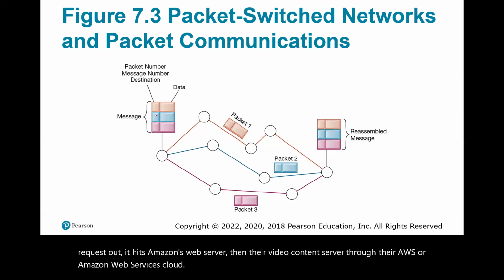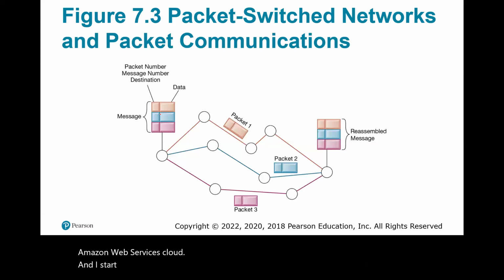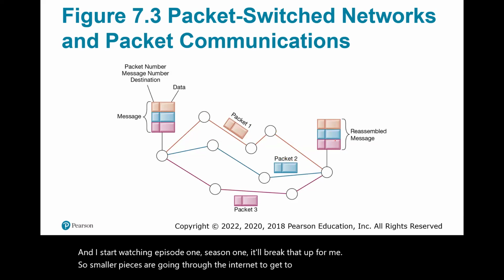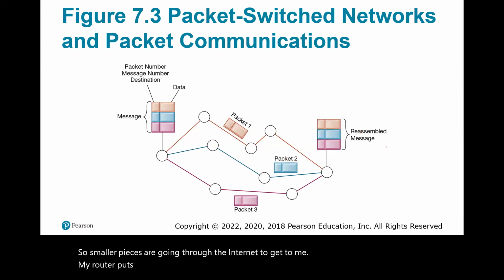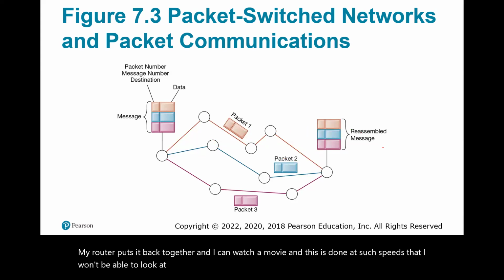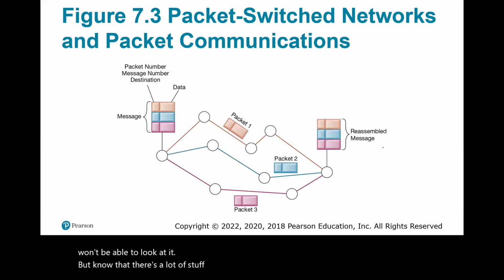And I start watching episode 1, season 1. It'll break that up for me, so smaller pieces are going through the internet to get to me. My router puts it back together, and I can watch the movie. And this is done at such speeds that the eye won't be able to see it, but know that there's a lot of stuff going on that we don't know about that lets us watch our Netflix and Amazon Prime.